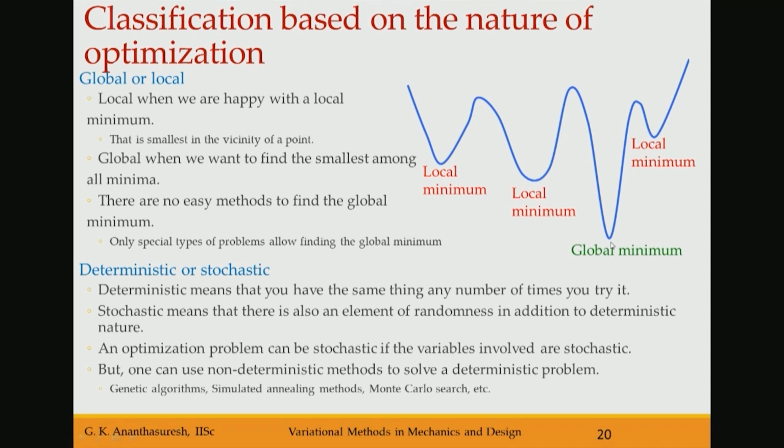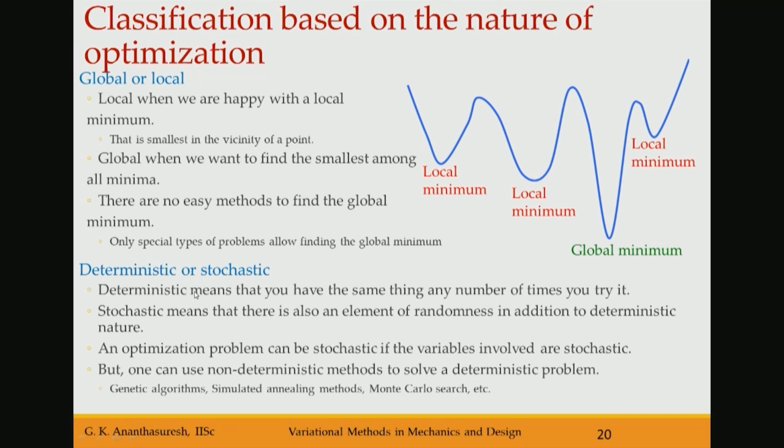Global minimum is also a local minimum, just like if you are the first in the country, you are also first in your class, right. It is the least among the local minima that we call the global minimum. So, you can optimize globally or locally, okay. And the variables that you have can be deterministic or stochastic, that is another classification, okay.